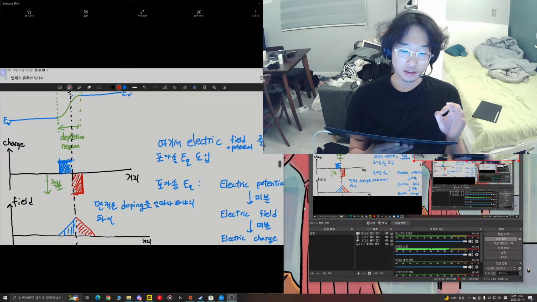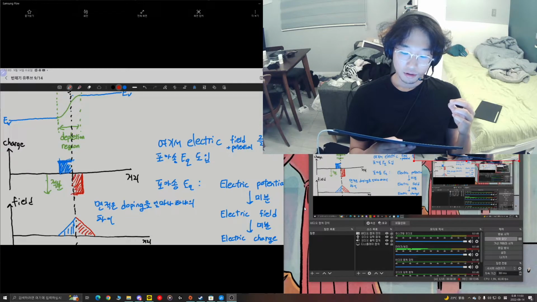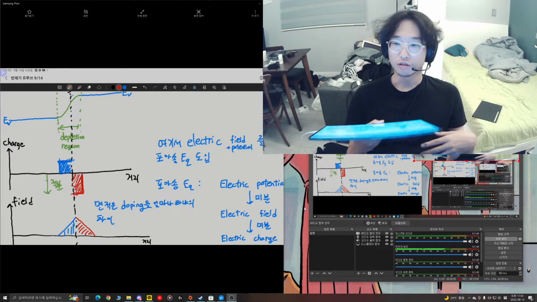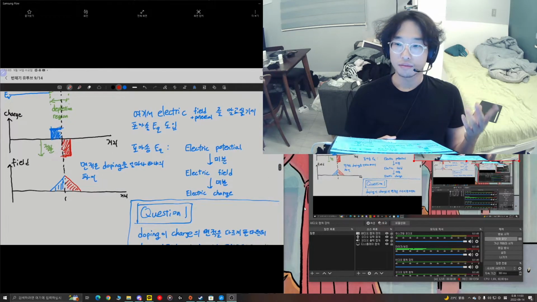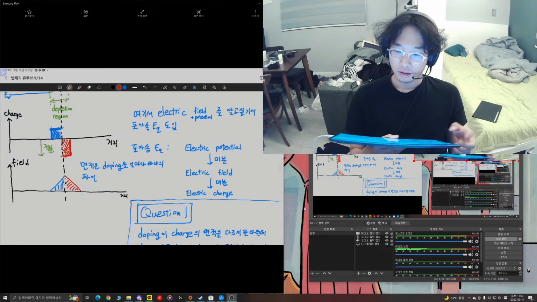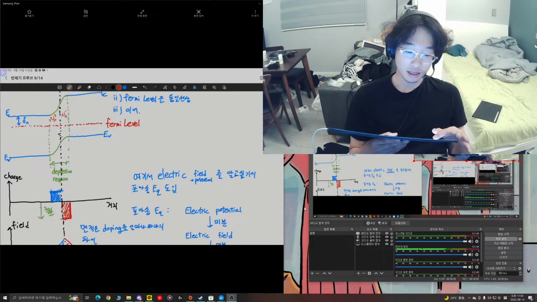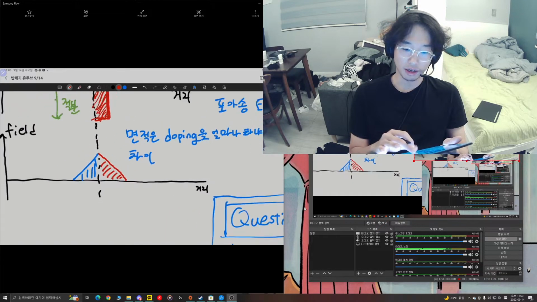And this area can be decided by how much doping you are going to do. And if we look at the field of the P and N junction, it can be like this.